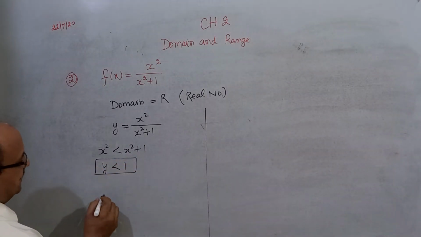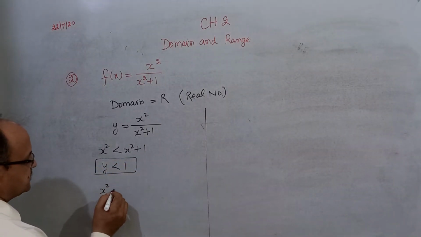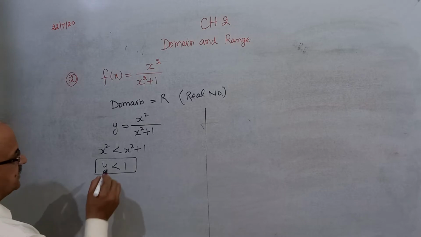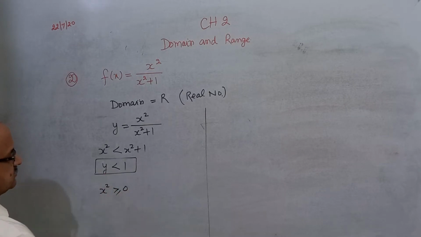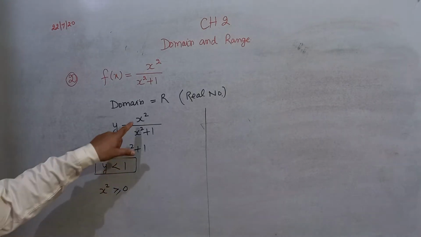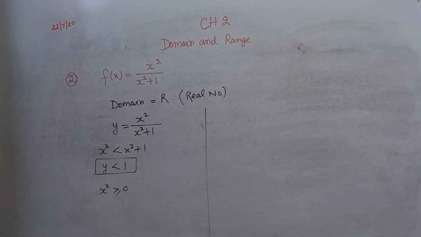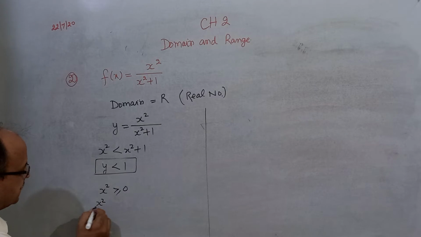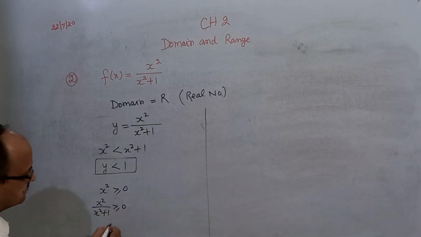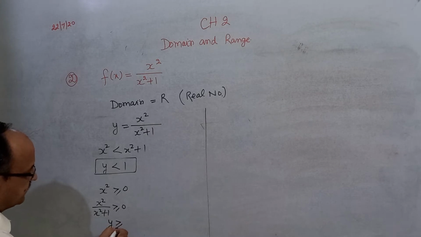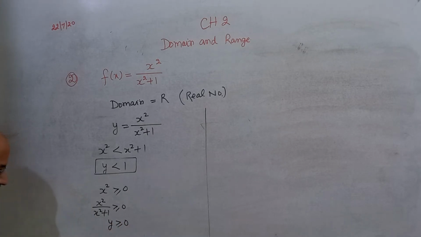And you know that x square is greater than or equal to 0. So overall you can say x square by x square plus 1 is greater than or equal to 0, or y greater than or equal to 0.